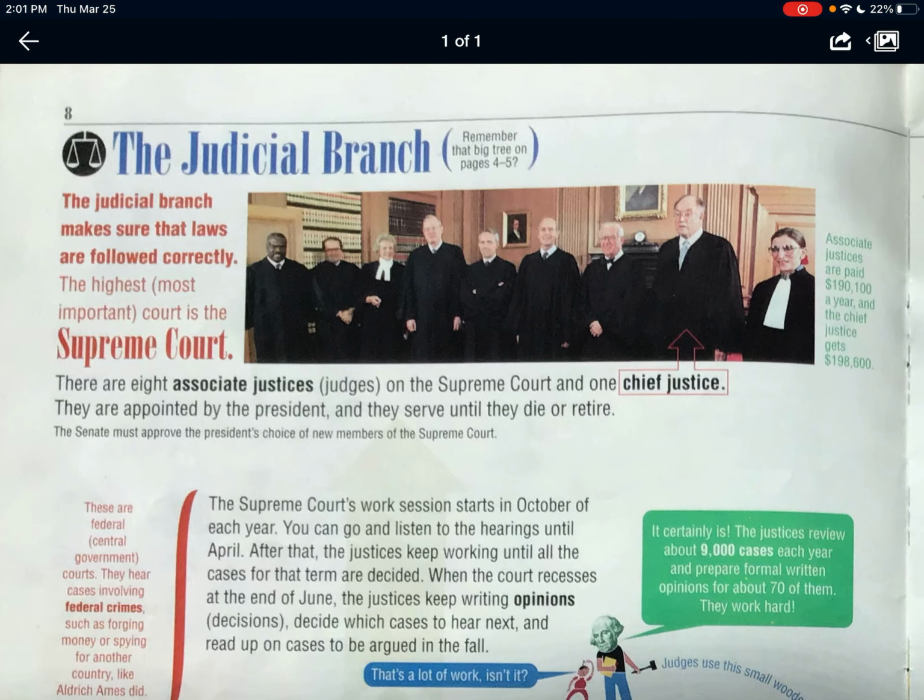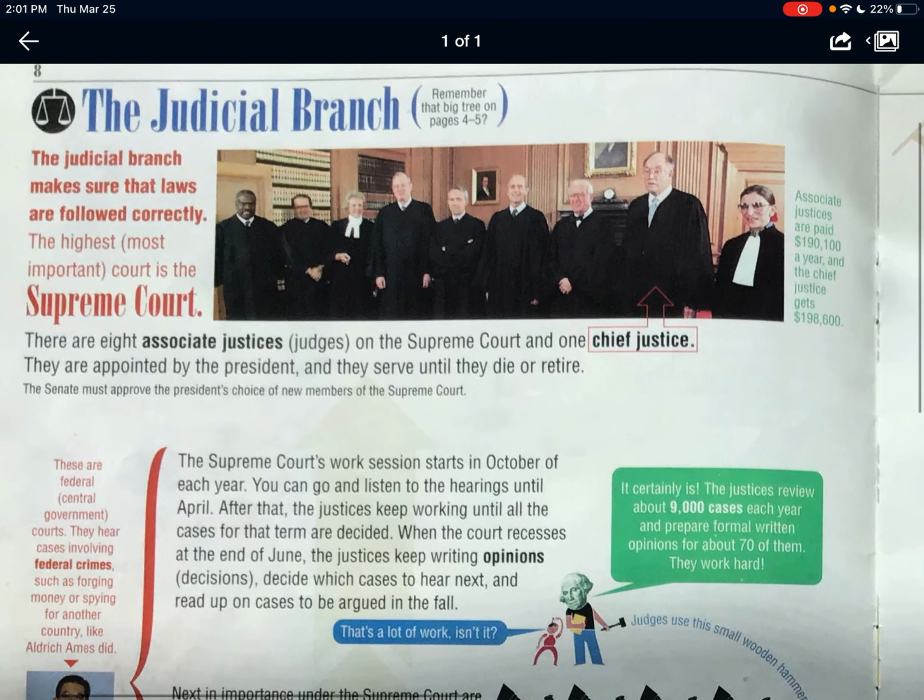The highest and the most important court in the land is called the Supreme Court. There are 8 associate justices and 1 Chief Justice for a grand total of 9. 9 is an odd number. Each one is appointed by the President, and they serve until they die or they decide to retire.